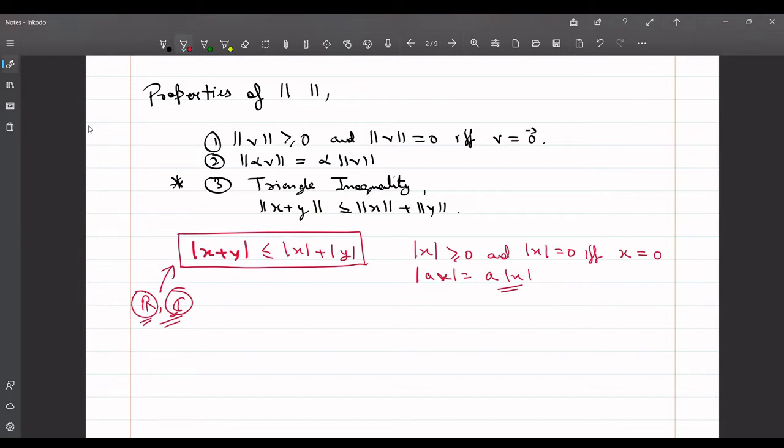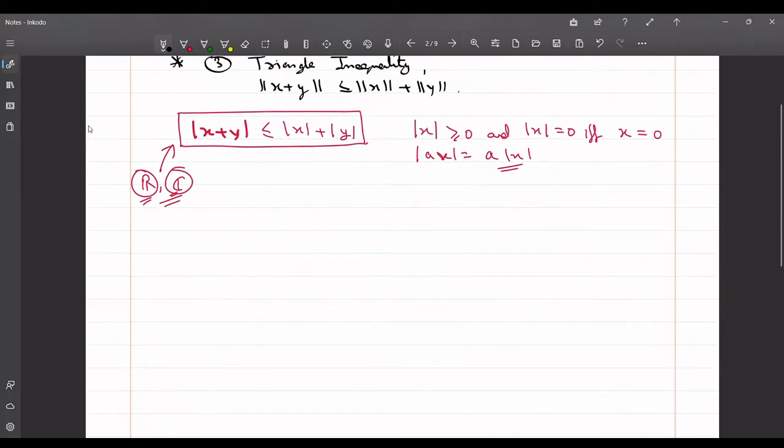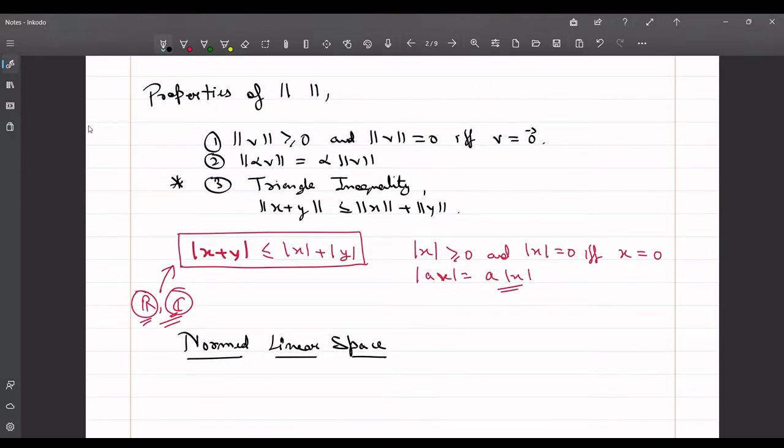And one more definition which we need to see before moving into the concept of metric spaces. What is a normed linear space? One more thing, can we define norm as a function? Obviously, we can define norm as a function.